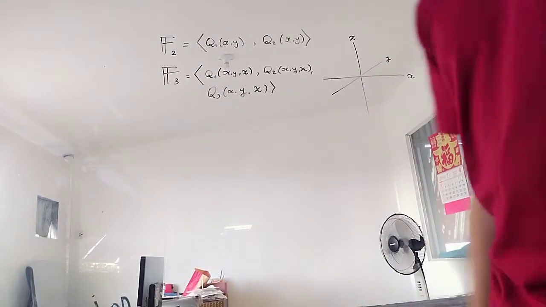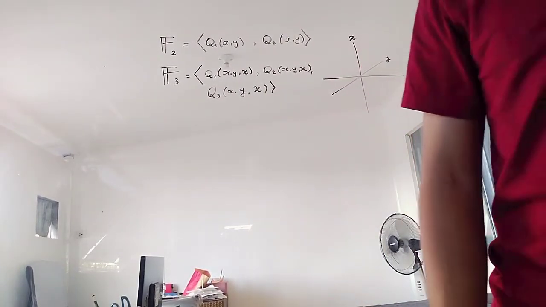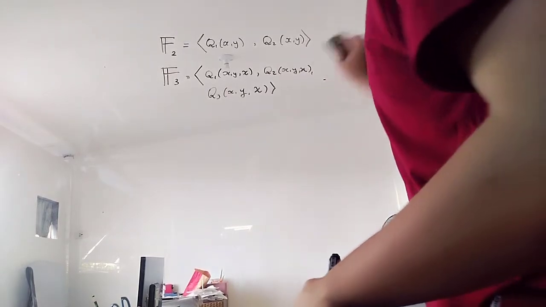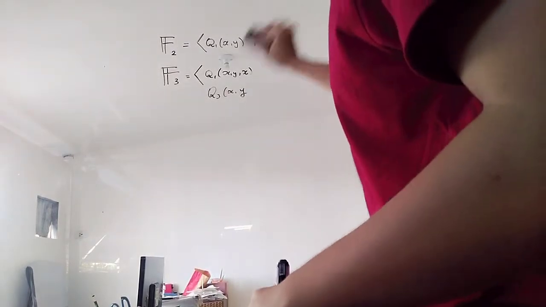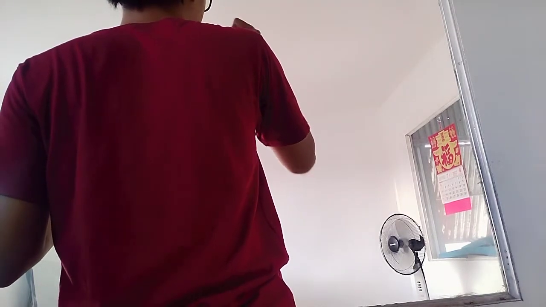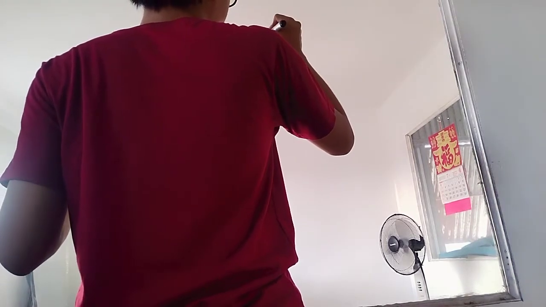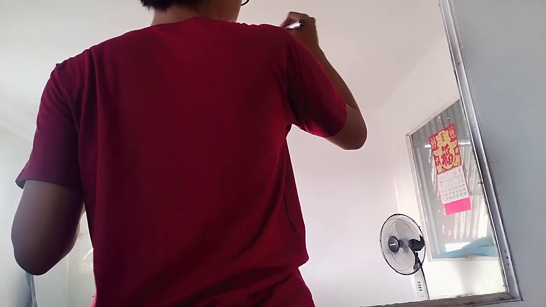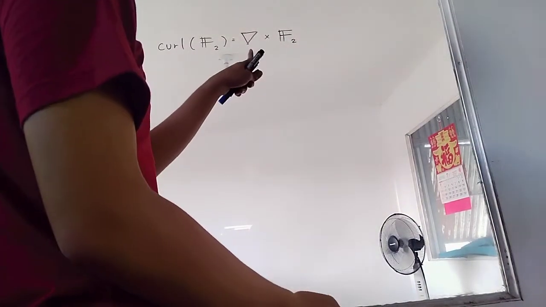So yeah, there are two very important properties of a vector field. And these two important properties are the curl and the divergence, which I talked about in the building intuition episode. Now you guys know that the curl of a given vector field, say a two-dimensional vector field F2, is of course the cross product between our Laplacian operator and F2.